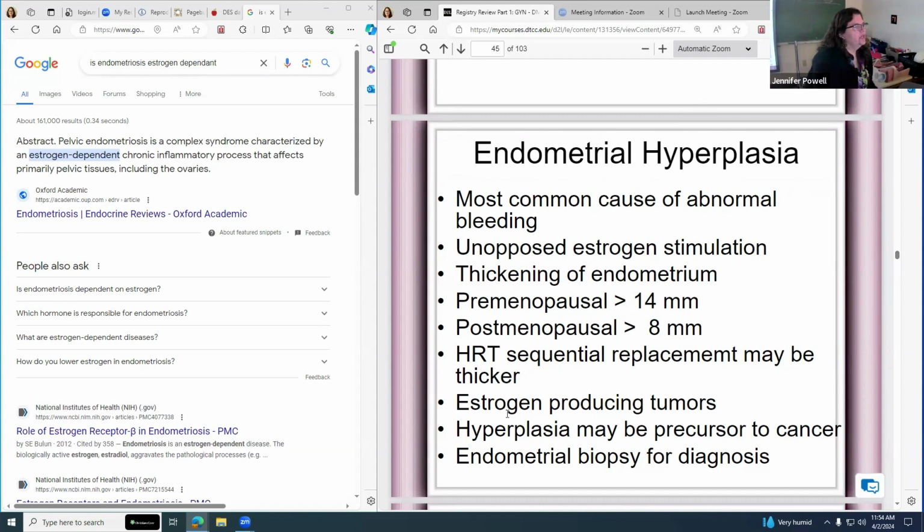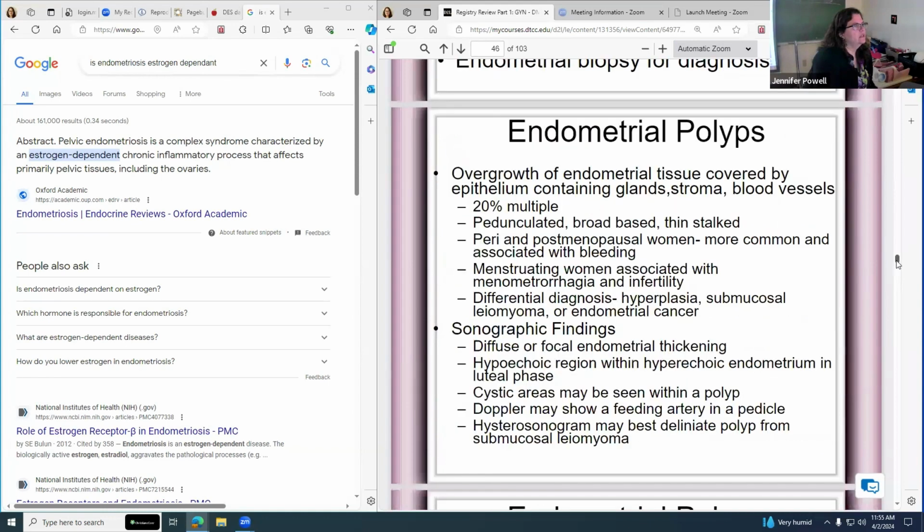So you can get estrogen producing tumors. Hyperplasia may be a precursor to cancer, and you would need a biopsy to know for sure, because ultrasound is not going to tell us if it's cancerous or not. Everybody knows that, right? Well, as we know, the endometrium is abnormally thickened.